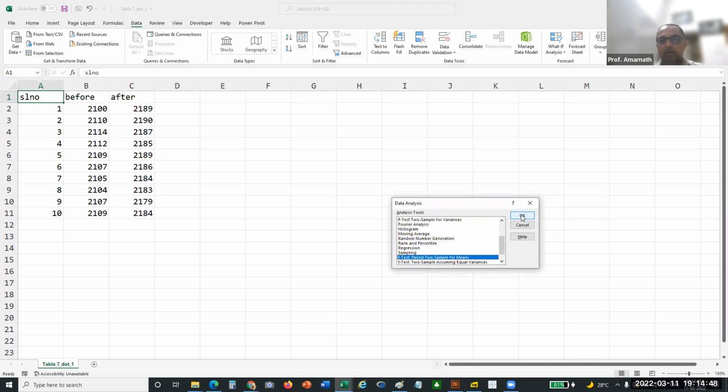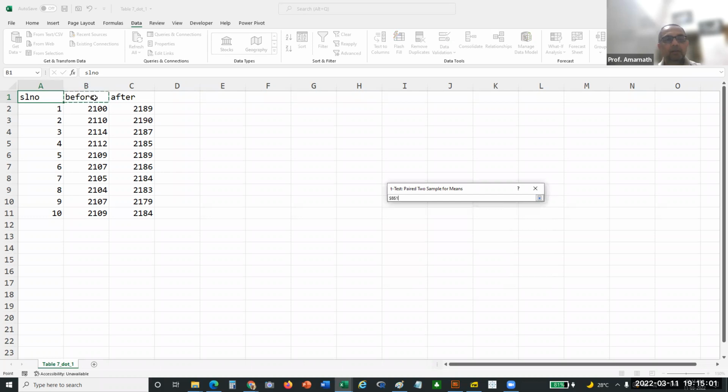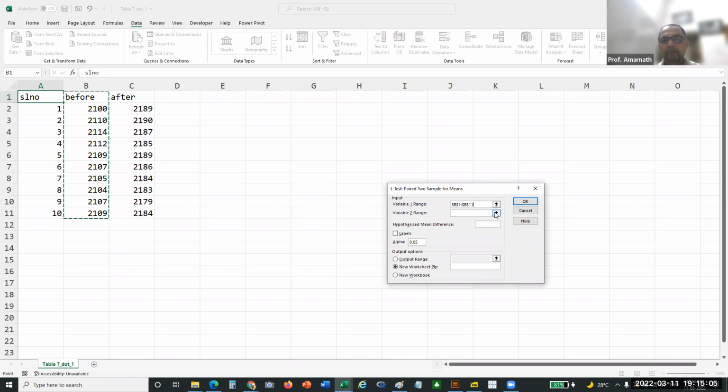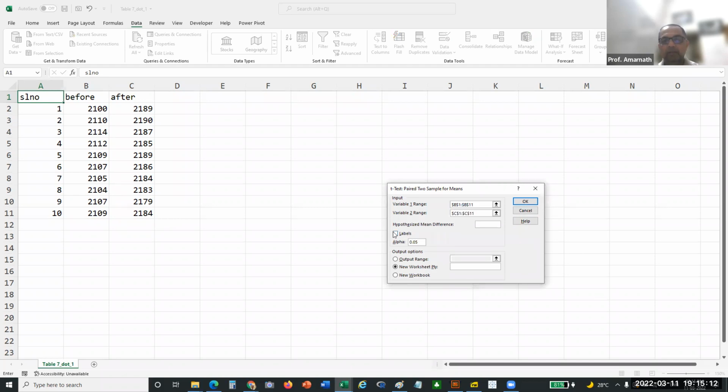Even by zoom, the sheet will zoom, not the dialog box. Okay, t-test paired two sample for means, and I say okay. Variable 1 range, that is before, variable 2 range, after. I have labels, with 95% confidence.